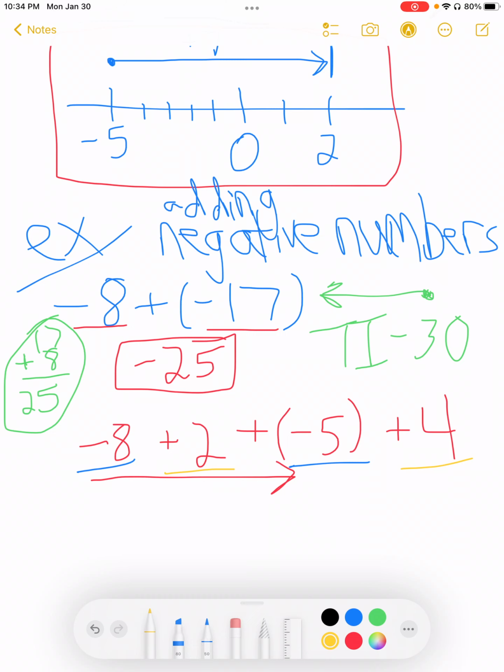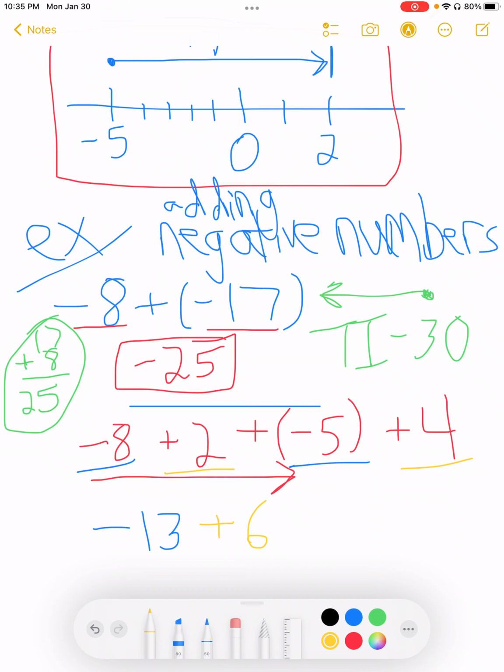So -8 and -5, that's going to be minus 13. I just added those two up. And then my positive numbers, I have plus 2, plus 4, which gives plus 6. So if I have minus 13, I'm starting negative, and then I'm adding 6.